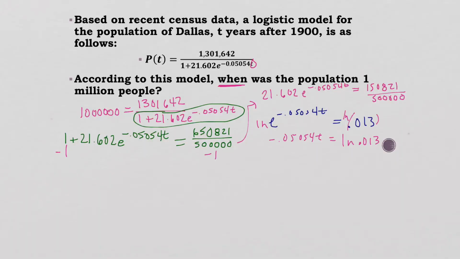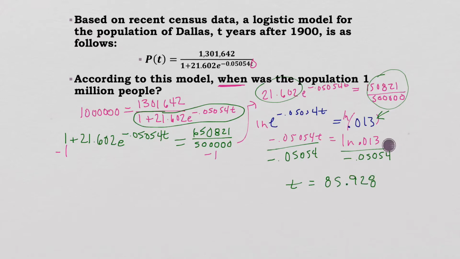I'm going to divide by the negative 0.05054. Now, you need to make sure when you're doing this that you don't round too soon. I rounded here after I divided by the 21.602. That's my first rounding, but now I want to type in this whole thing as I see it.